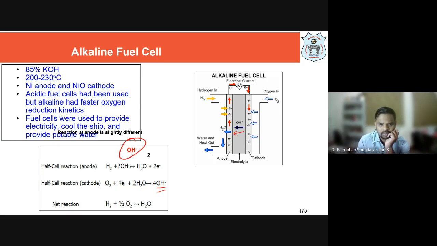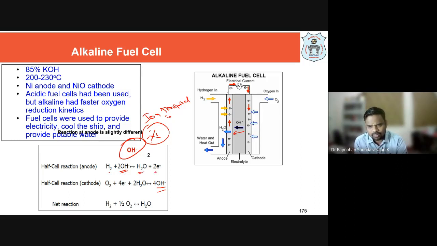So it is important to note the ion being transported across the electrolyte is the OH minus ion, the hydroxyl ion. When it reaches the anode side, hydrogen plus OH minus ions combine to form water plus electrons.